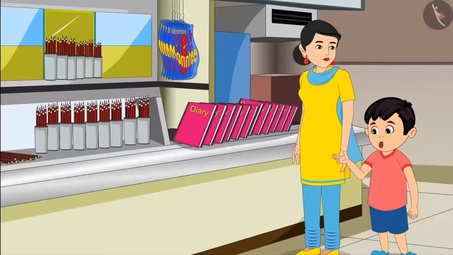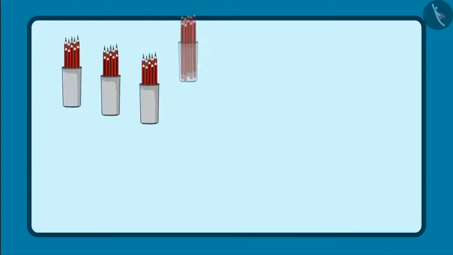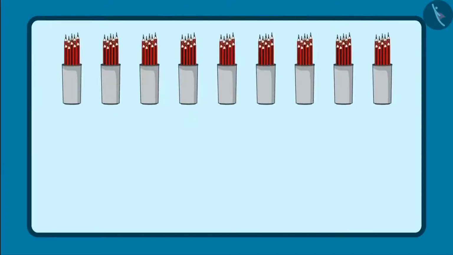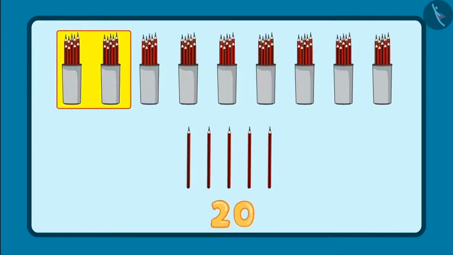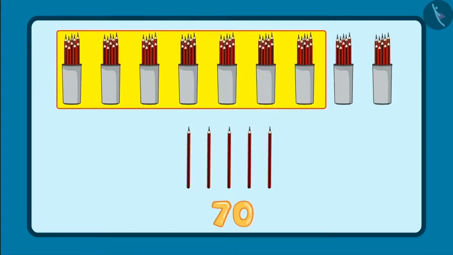Now I understood, Mummy. That means I will give 9 bundles of 10 pencils and 5 loose pencils. So to give 95 pencils, I have to give 10, 20, 30, 40, 50, 60, 70, 80, 90 and 5 loose pencils.